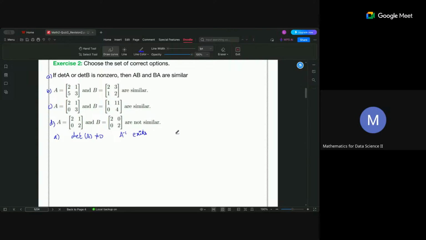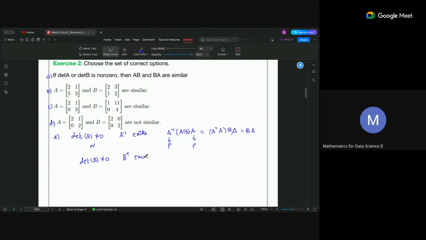So what can you say about A inverse times AB times A? Now A inverse A, you can just pair up like this and write it. So you see it is nothing but BA, right? So this A itself acts as your P. Now you should tell me what happens if determinant of B is non-zero. Can you tell me how you can prove the same?